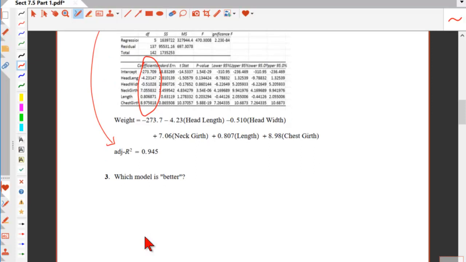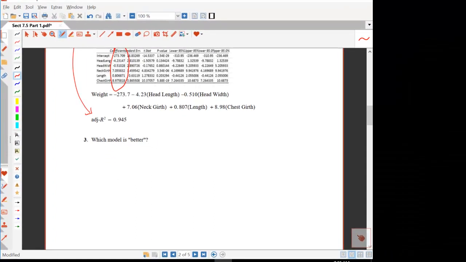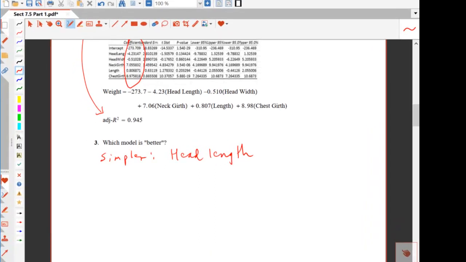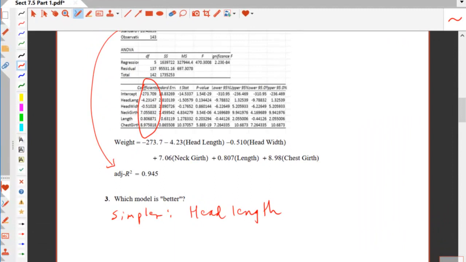And I put "better" in quotes because better is a subjective thing. So there are at least two ways of answering this question. One is, which is simpler, and of course it's far simpler to just use head length. If you're thinking about using this model, then you're going to tell these zoologists, okay, every time you anesthetize a bear, you need to measure all of these things.